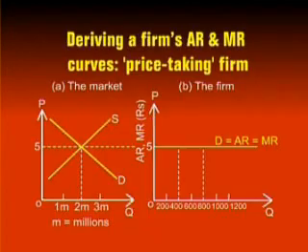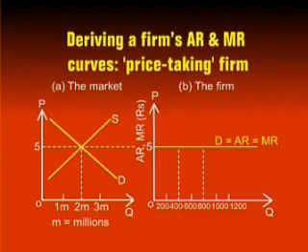At this price, which is shown in this diagram as 5, the firm can sell any quantity. It can sell 200 units, 400 units, 600 units, but this will not be big enough to affect the price of 5, which has been determined by a large number of buyers and sellers.